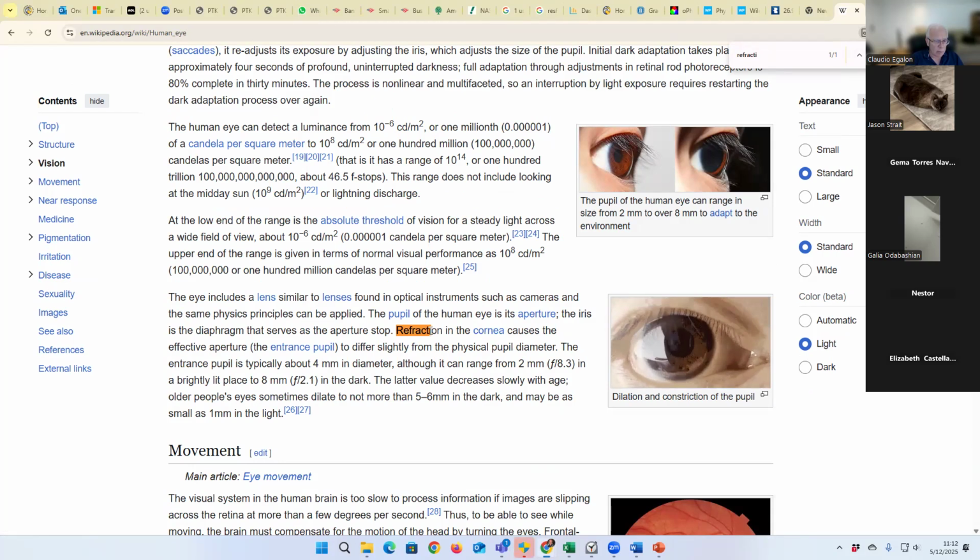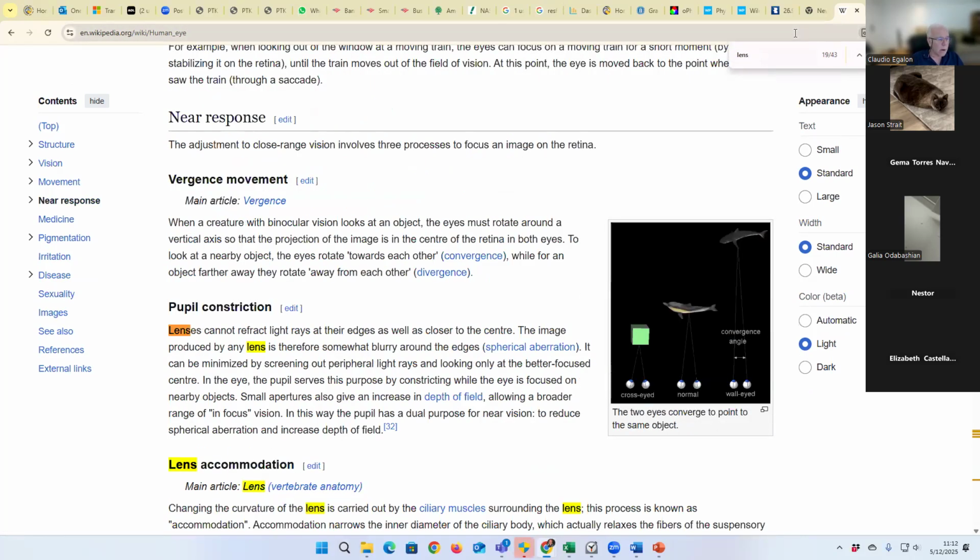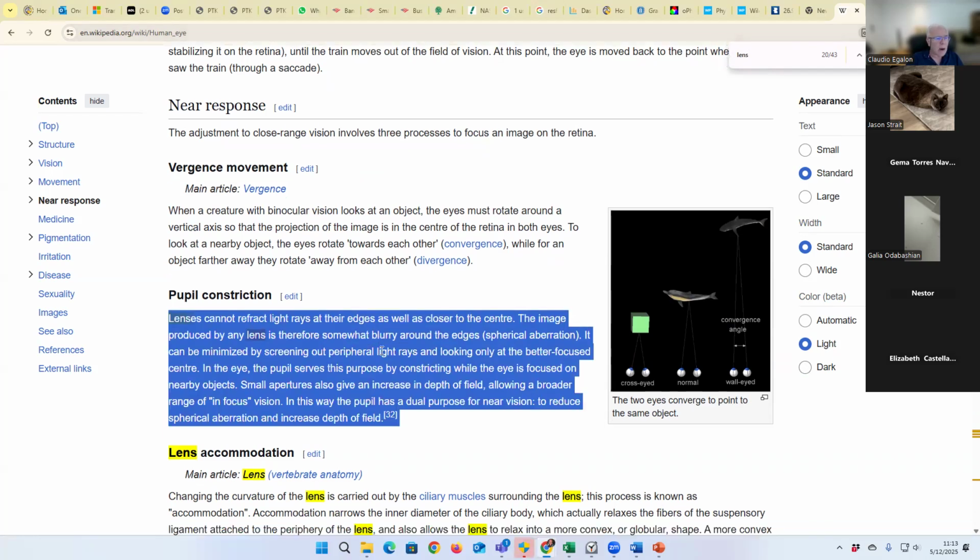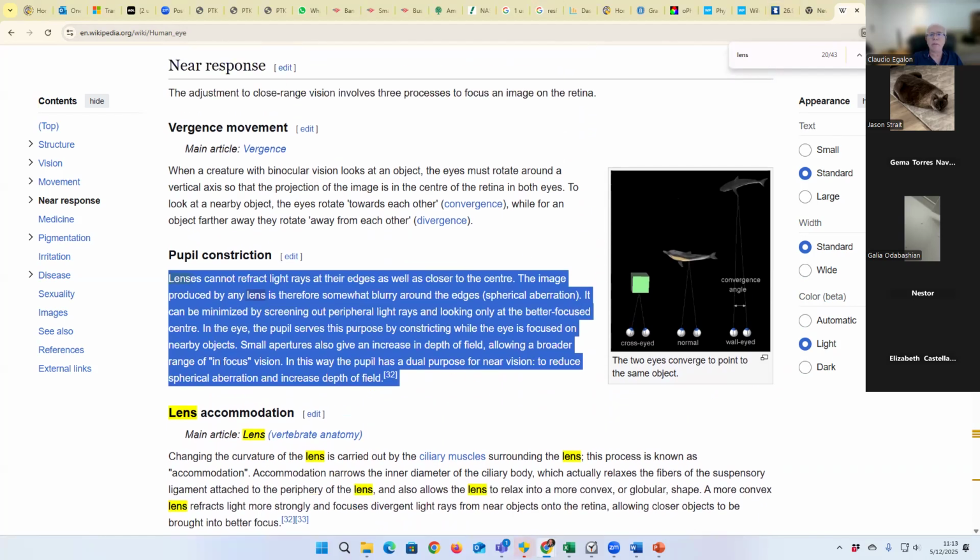It looks like they talk only about the refraction of the cornea. Okay, let's see the lens. Unfortunately, it doesn't compare the amount of refraction by each of the elements of the human eye. Some time ago I saw it somewhere, I don't remember where. The effect in the refraction is mostly due to the lens, and unfortunately this Wikipedia article doesn't discuss that. Okay, but let's leave it this way.